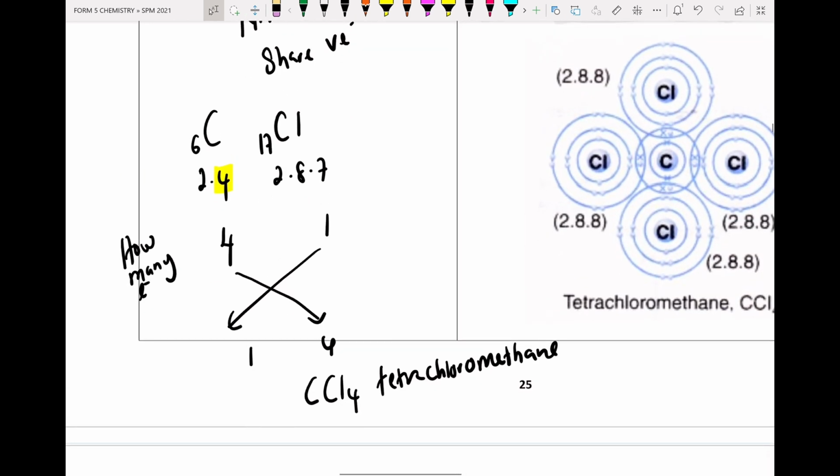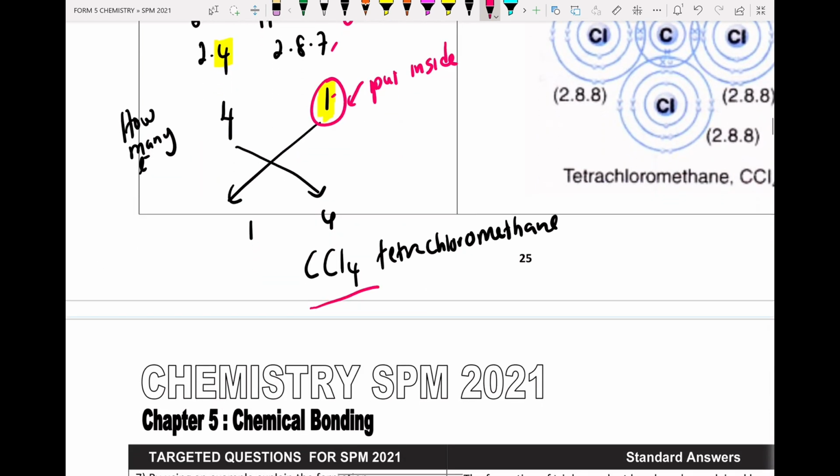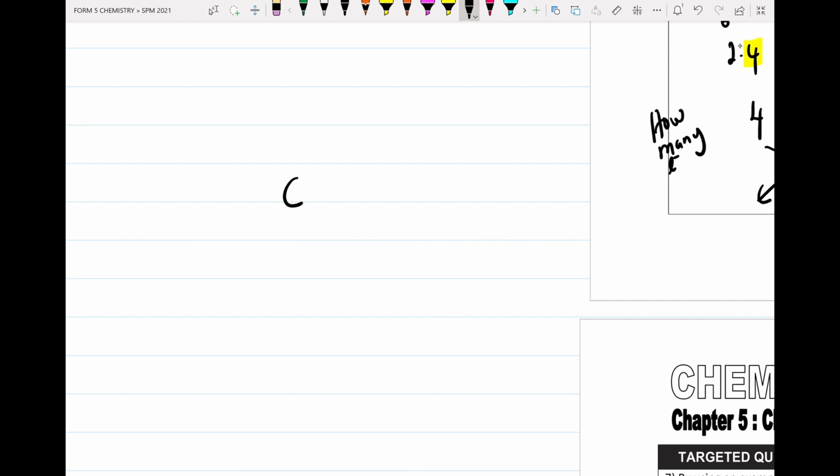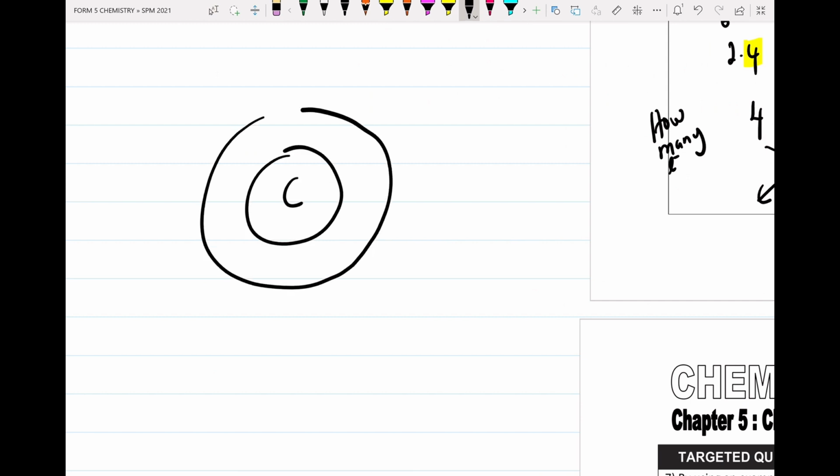Alright, how to draw the electron arrangement of this compound? Remember, circle this one, just put inside the sharing shell, and outside of the valence shell of chlorine put 7 minus 1, which is 6. Look at the formula, it is given here, so I try to draw here. Carbon has 2.4.